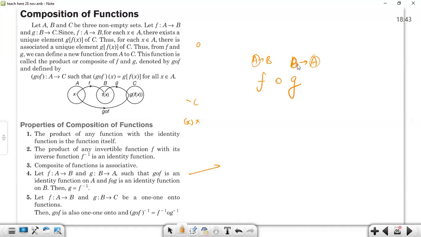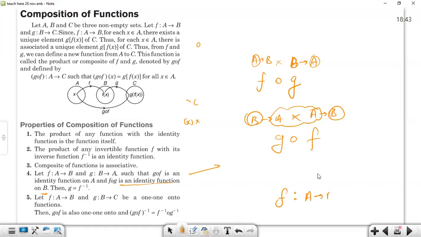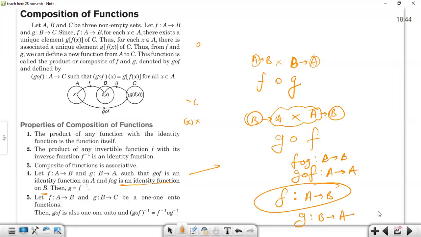So now this function will be left on B to B only. And if we discuss g of f, it is an identity function from A. If we discuss f of g, it was B to B and B to A. This has to be equal to what is left, A to A. So both will be functions on A to A. As we are saying that f is a function from A to B, similarly you will say g of f is a function from A to A, and f of g is a function from B to B, given that f was a function from A to B and g was a function from B to A. Clear? Any doubt? Clear, sir.